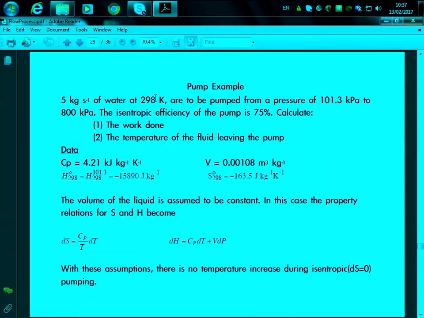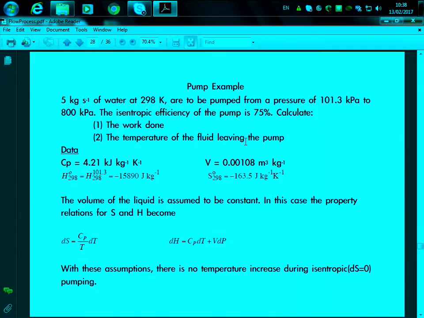So first of all, how do you think the temperature of the fluid will change in a liquid that is being pumped? Increased temperature? Very little. Very small increase in temperature, right? Because this is a liquid.